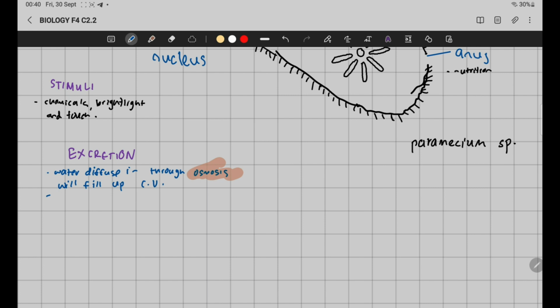As it fills up, the contractile vacuole expands to its maximum size. And as it expands to its maximum size, it will slowly contract, or the contraction will start. And that is how the extra water will be excreted slowly from time to time.